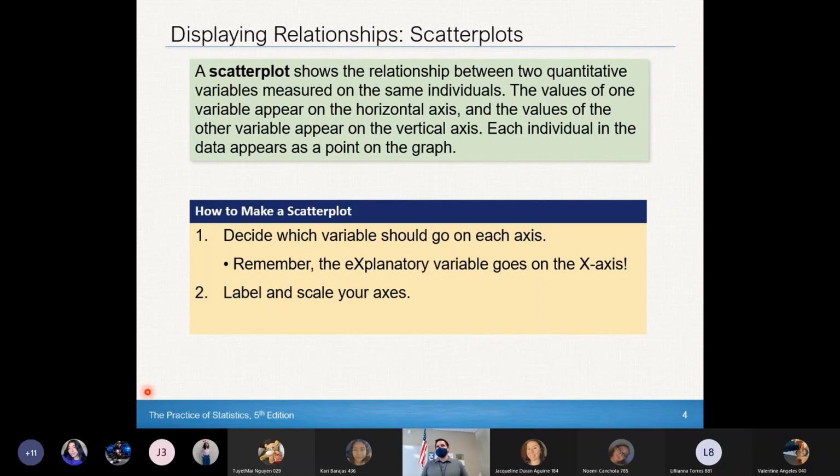Even if those are just the values being used, that is not a proper scaling. Please make sure you have equal increments between hash marks on your horizontal and vertical axis. They do not need to use the same scale, but they must be consistent. Lastly, you plot your individual data values, essentially the same way you would plot a coordinate on an XY plane.